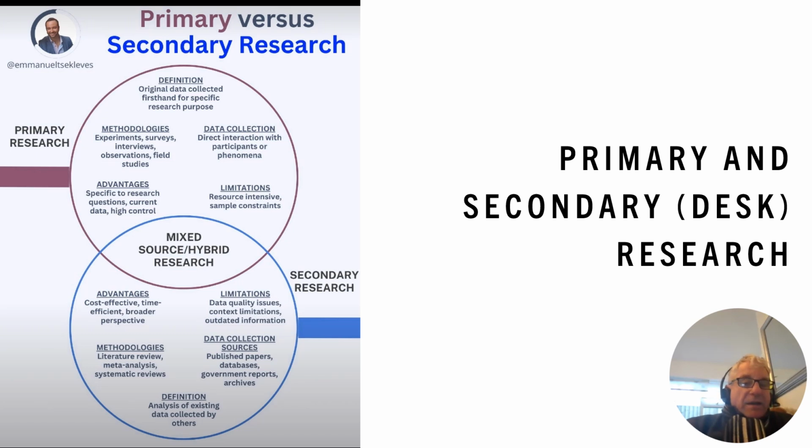Now, the second part is the primary research. In primary research, what we want to do is we want to get live data. So this is where you're actually conducting your project.